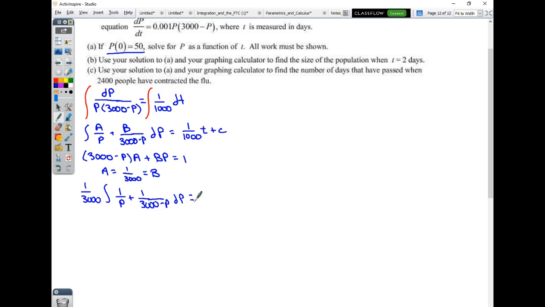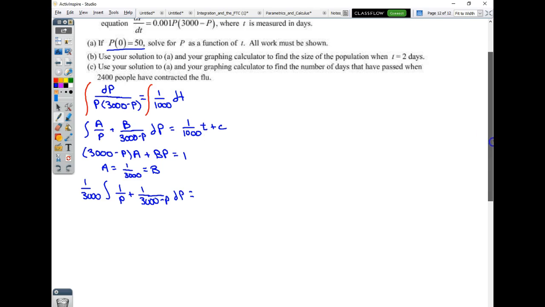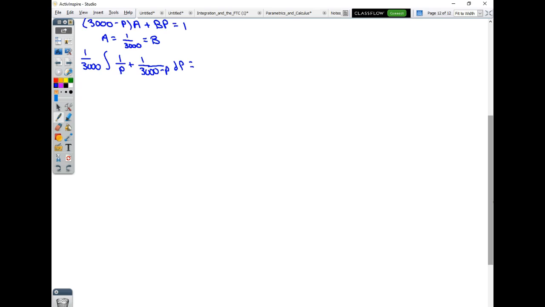I'm going to multiply the 3000 across to the 1000t plus C and take the antiderivative of 1 over P plus 1 over (3000 minus P) to get natural log of the absolute value of P, minus, from u-substitution, the natural log of (3000 minus P), and that will equal 3t plus C. Finally, at this point, I get the natural log of P over (3000 minus P) equals 3t plus C.